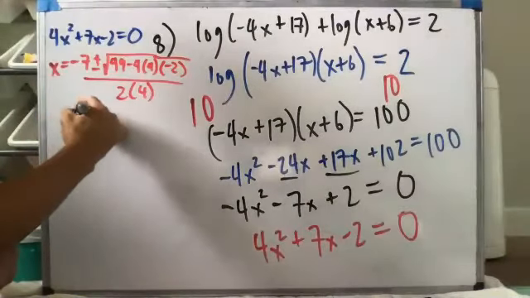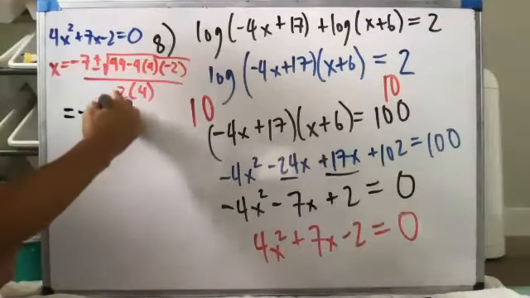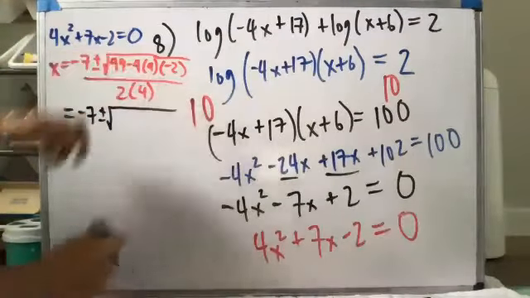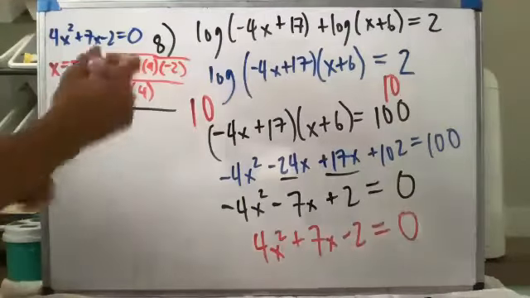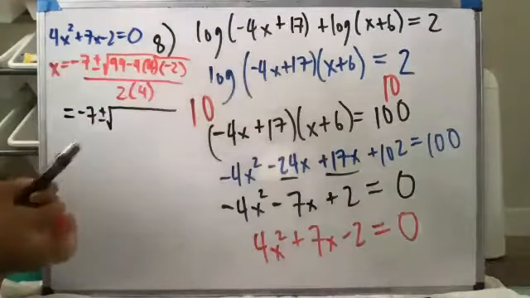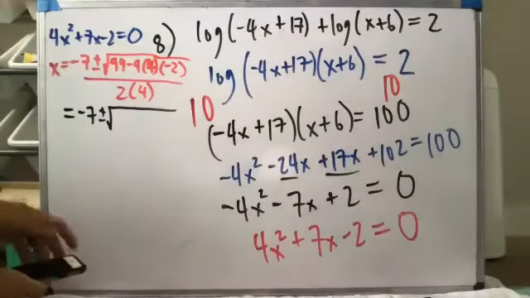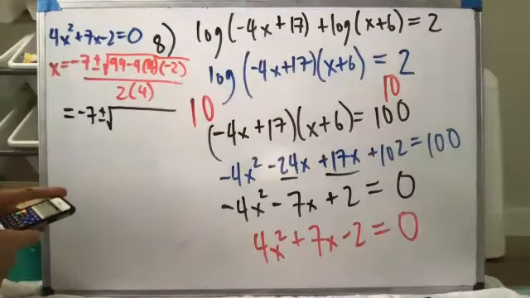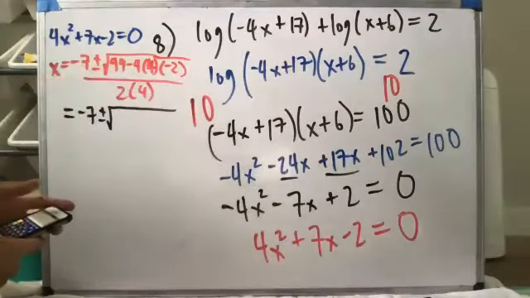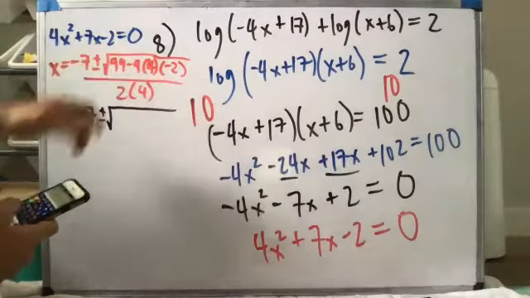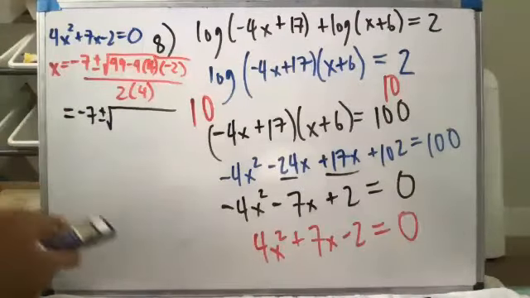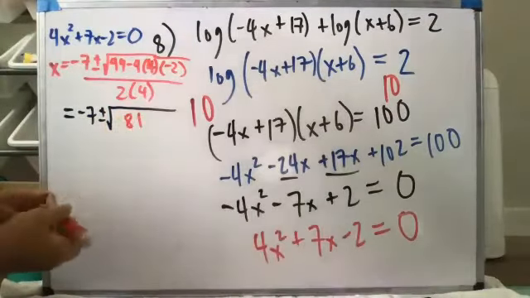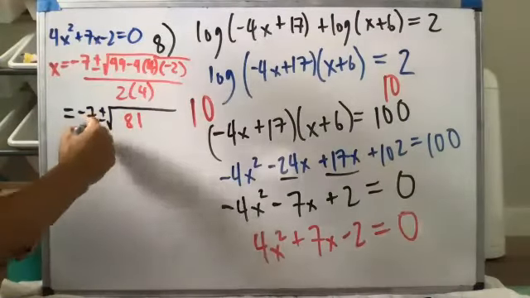This part is routine. Negative 7 plus or minus the square root of 49, and 4 times 4 is 16 times 2 is 32. Negative times negative is a positive, so 49 plus 32 gives me 81. Oh, I think actually it might have factored. I just didn't see it. All over 2 times 4, which is 8.